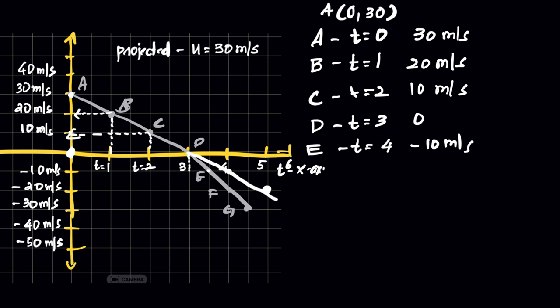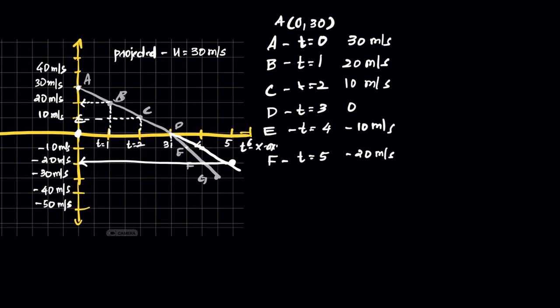This would be F. At F, t is equal to 5, and the corresponding velocity is minus 20 meter per second. What we did is just read the graph. That's it.